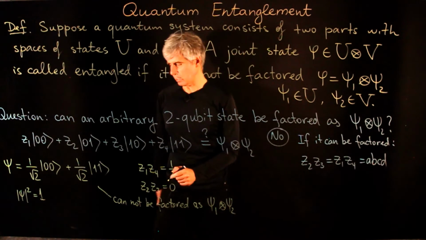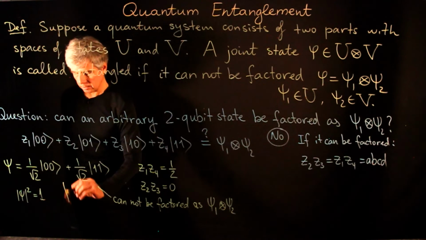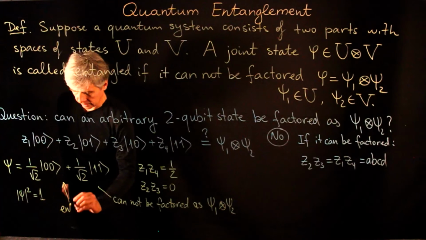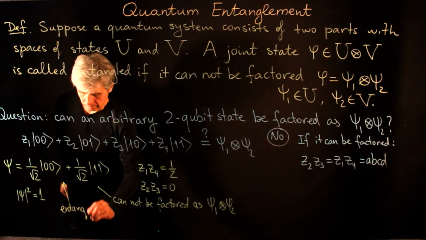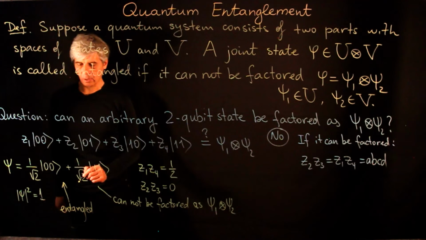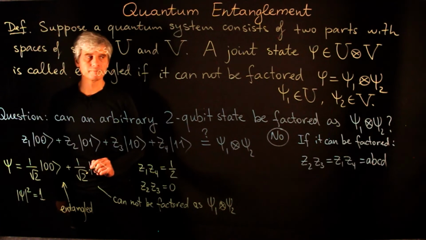So in particular, this 2-qubit state here is entangled, because we cannot factor this as a product of two 1-qubits.